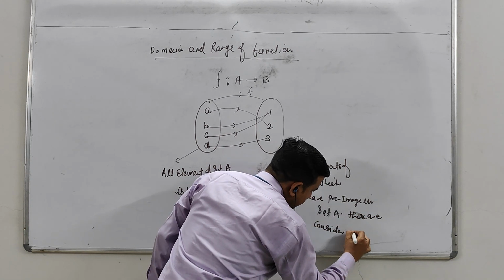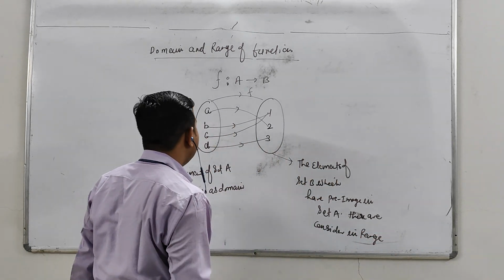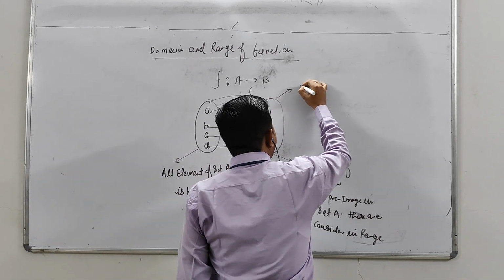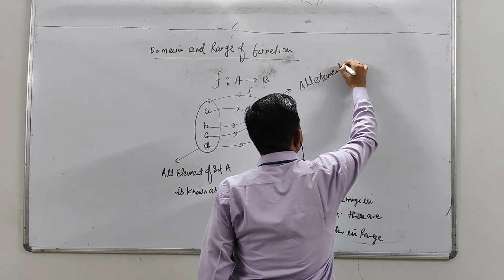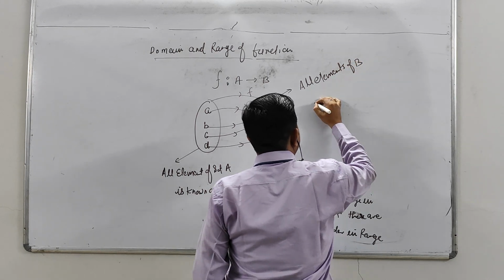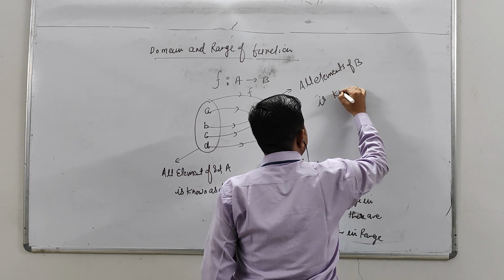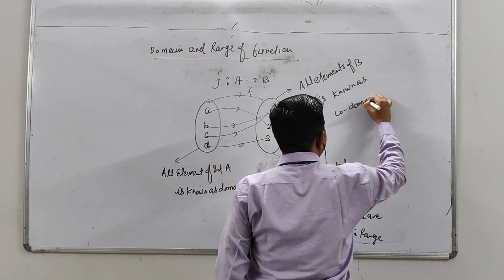Now another topic is codomain. It is 100% domain, and all the elements of B is known as codomain.